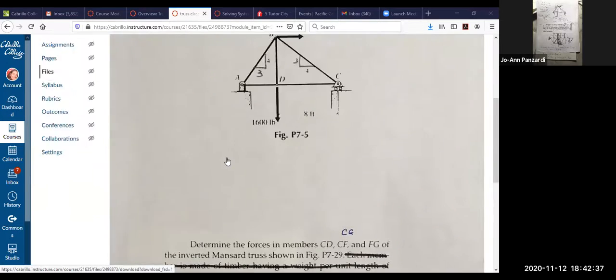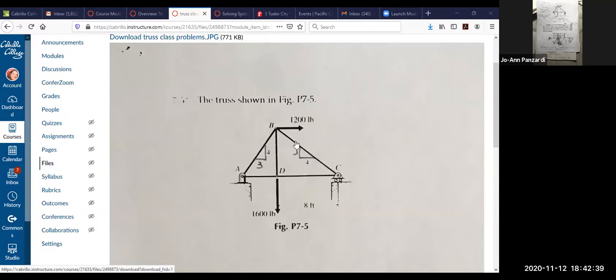But if you're doing method of joints, where they're asking us for every single force in each member, you need to get the reactions at all the supports. Okay? So for both, you get the zero force members, you take the whole structure away from the main supports, and then you determine whether you're going to do method of sections or method of joints.